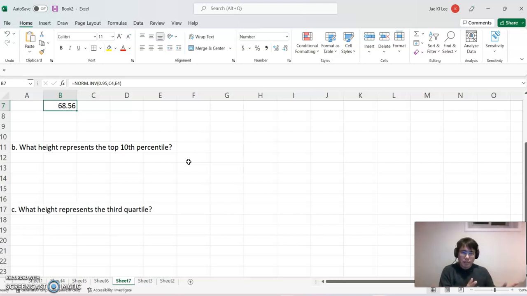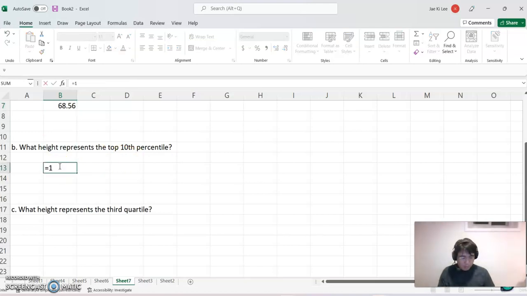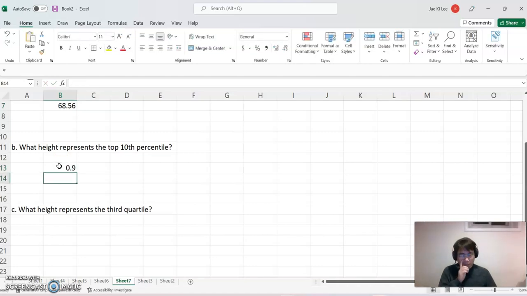Top 10%, then from the bottom, it will be 90%. The reason is the total sum equals 1 or 100%. Makes sense, right? Therefore, I'm going to subtract 1 minus 0.1 first. Then it becomes the 90th percentile height basically.